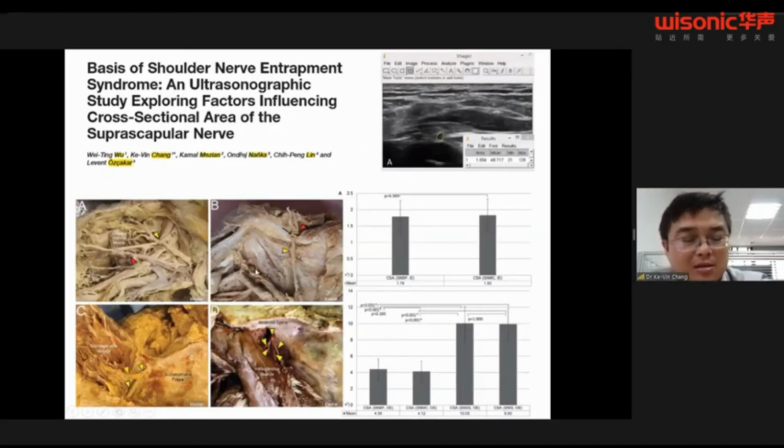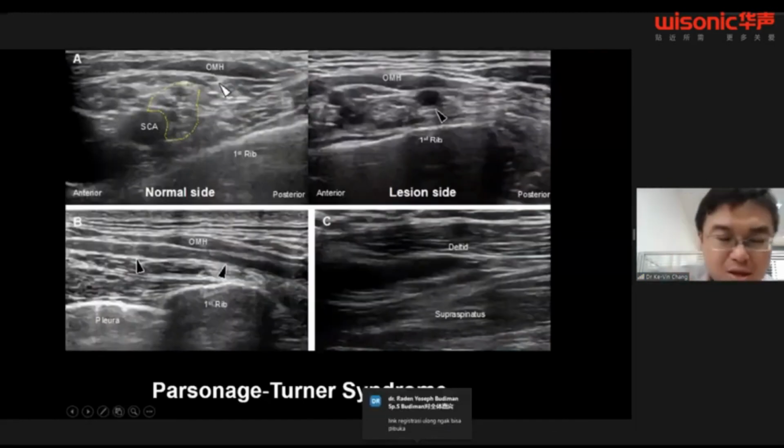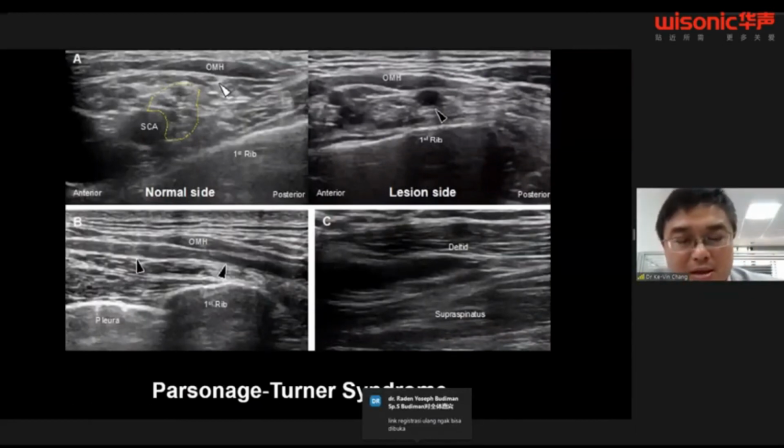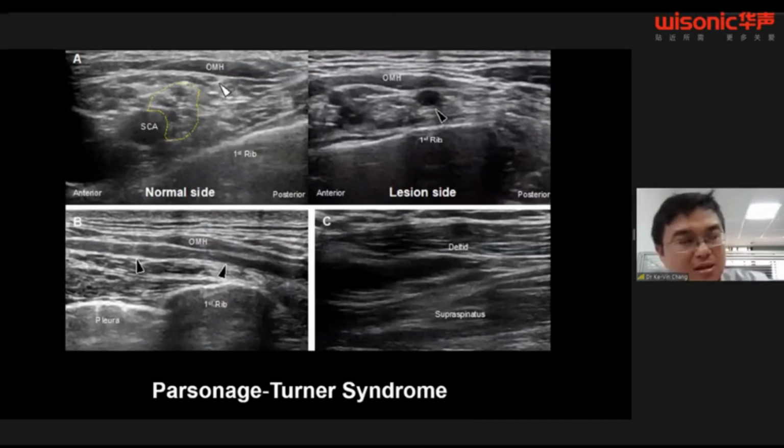If you want to use the size of the suprascapular nerve to diagnose neuropathy, it's very important to know the normal value of the nerve. If you scan from the proximal portion, its size is smaller than if you scan it at the distal part, because at the distal part the nerve divides into many branches.